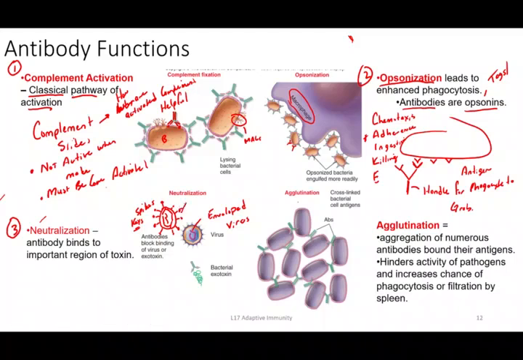So they're basically going to come and kind of gum up all of those spikes, or we can use the term neutralize this virus so it cannot infect another cell. So that's a really important process to help prevent the spread of the infection. So that's neutralization of a virus. So antibodies block the binding sites of the virus.